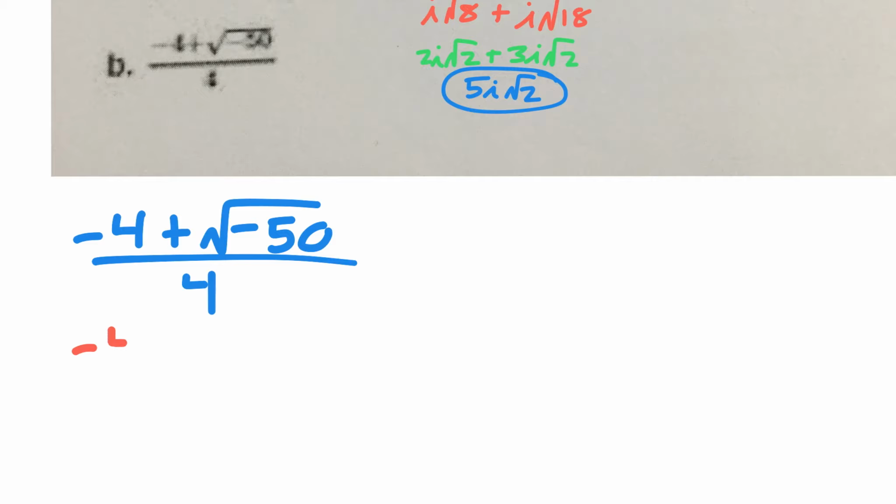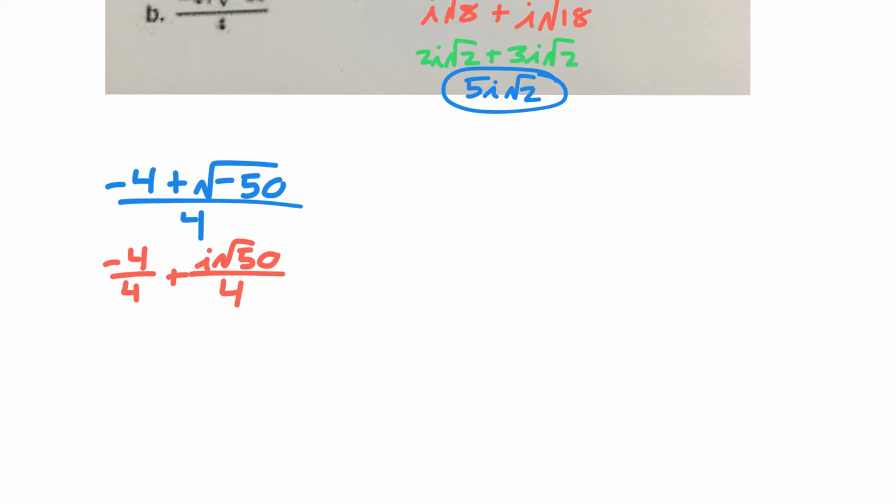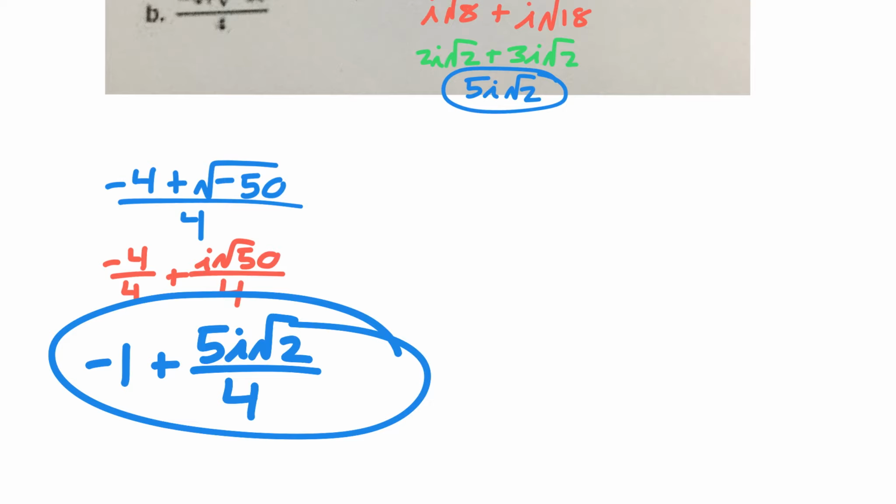So this is negative 4 over 4 plus i radical 50 over 4. Well, radical 50 is the same thing as 5 radical 2. So that is negative 1 plus 5i radical 2 over 4. I'm finished.